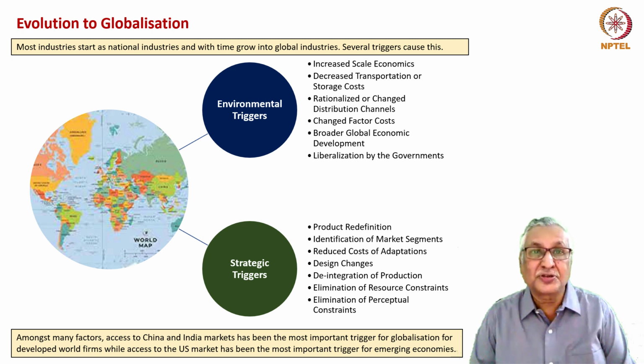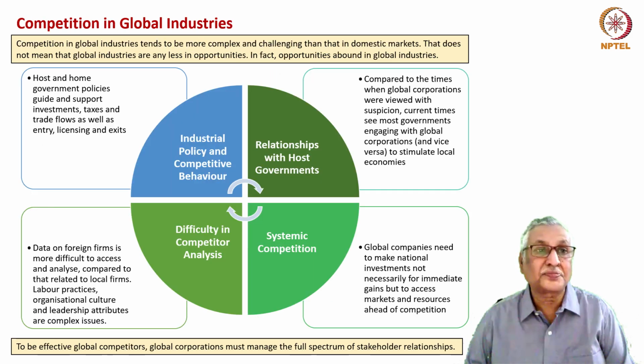Similarly, access to the US market and other developed markets has been the most important trigger for emerging economies. But generally, it is believed that the next century is going to belong to India. And that is the level of confidence which the global community has about India.